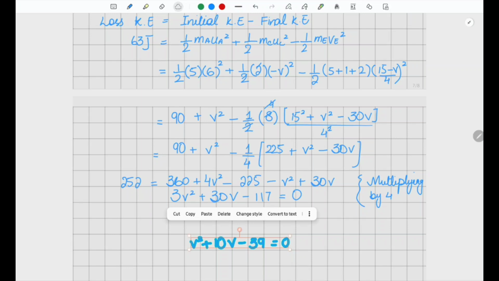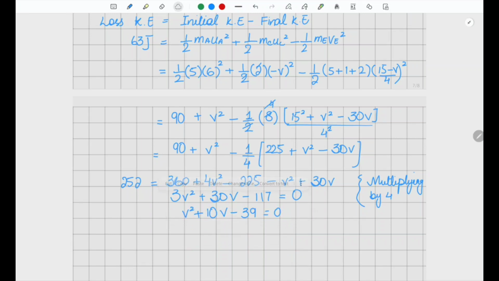When you multiply you get 39, and when you add them up you get 10. So if we get 13v minus 3v, you will get minus 39 v square, and when added up it will give you positive 10v.